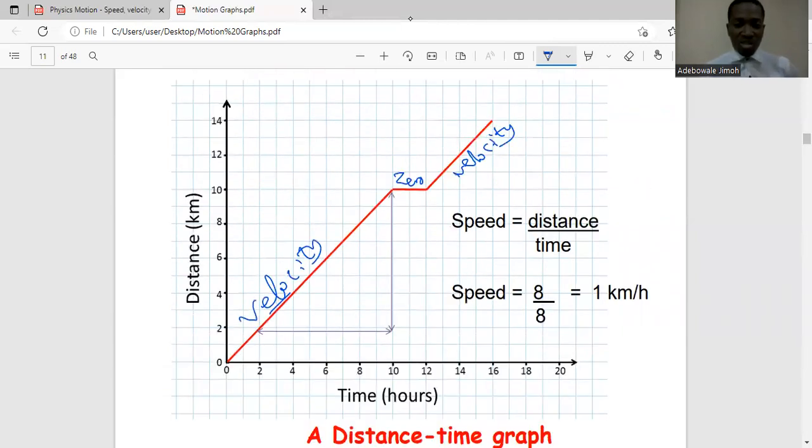When you have a straight slope, then you know that you have uniform velocity. But when the slope is curved this way, then you know your velocity is not uniform. It's clear, right? Good. Let's proceed to something else.